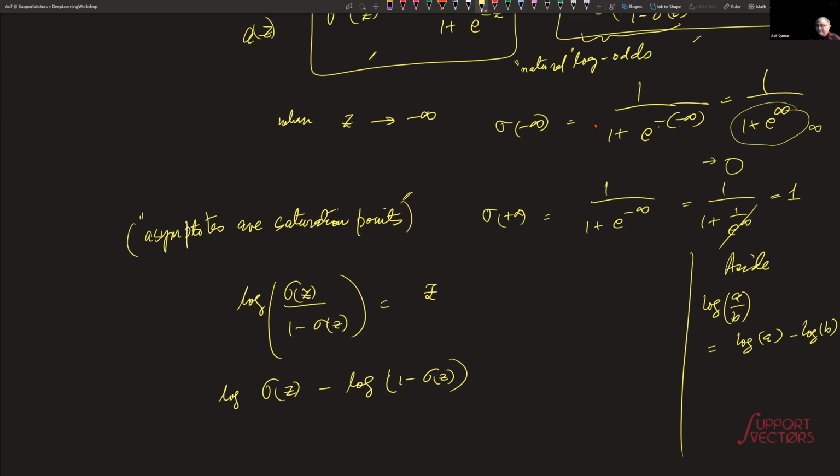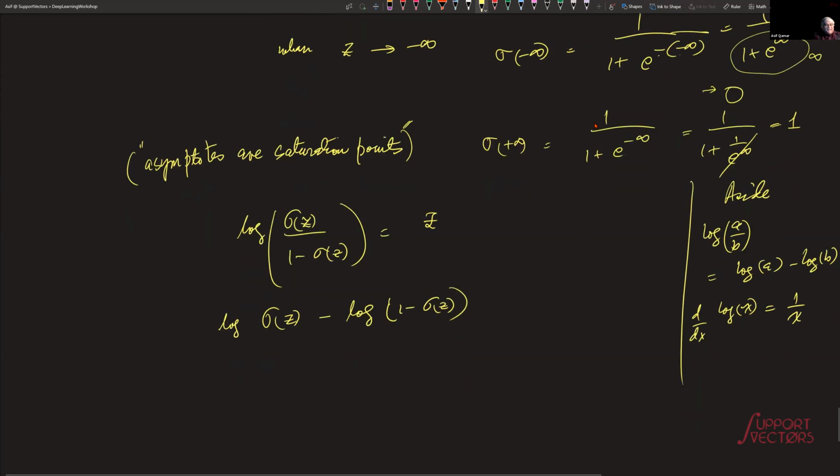And now one more fact. The derivative d/dx of log x is 1 over x. Are we together? So if I apply that here, what I will get is 1 over sigma(z), times d sigma(z)/dz, minus 1 over (1 - sigma(z)).